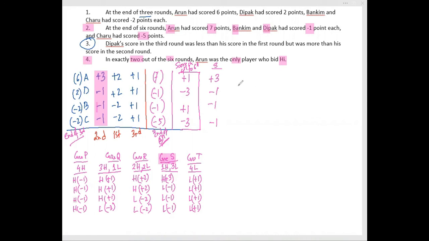No, it can be -3, +1 in another case, or it can be -1, -1. By checking, we can find it out. It needs to be -3, +1. If I do it, then Arun's net score in these 3 cases will be +1.